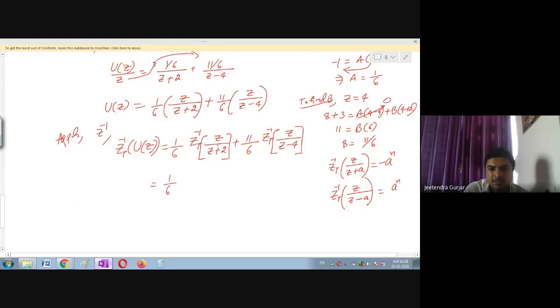So this is plus, z divided by z plus 2 will become minus 2 raised to n, plus 11 divided by 6, inverse Z transform of Z divided by Z minus 4 will become 4 raised to n, students. So only the last step, we are going to use inverse Z transform. Remaining thing, you are going to use the partial fraction and simplify.